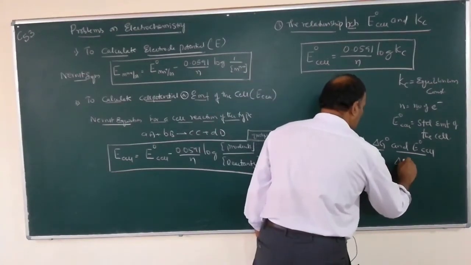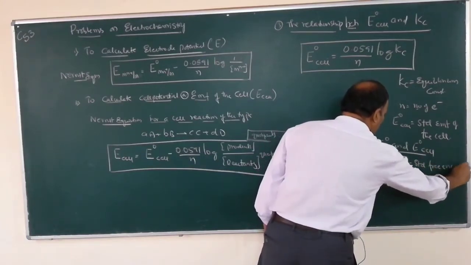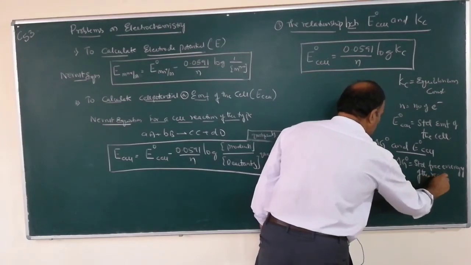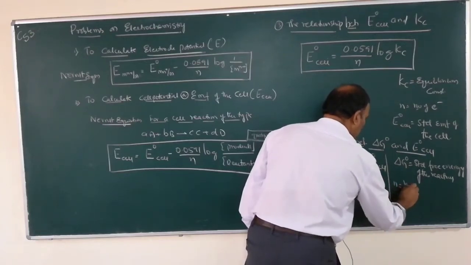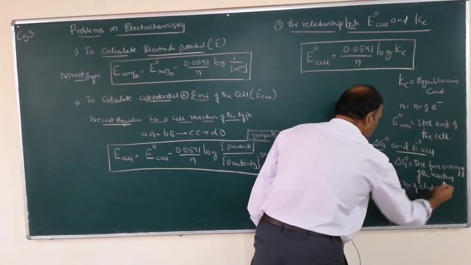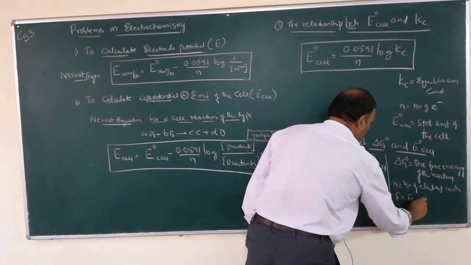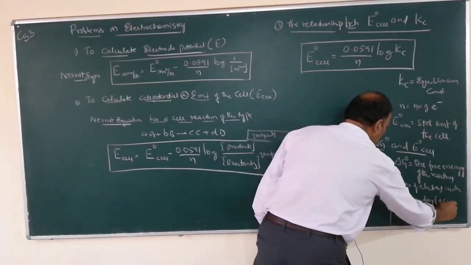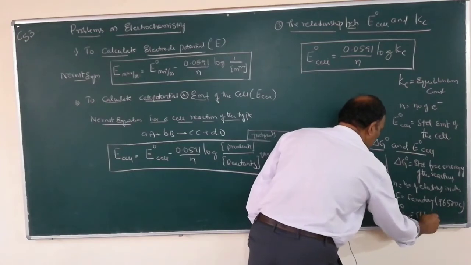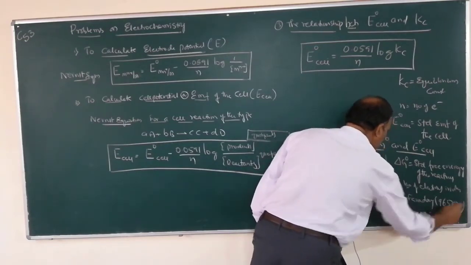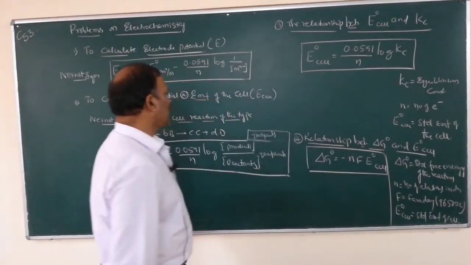Here delta G naught equals the standard free energy of the cell reaction, n equals the number of electrons involved, F equals the Faraday, that is 96,500 coulombs, and E naught cell equals the standard EMF of the cell. So these four formulas are important.